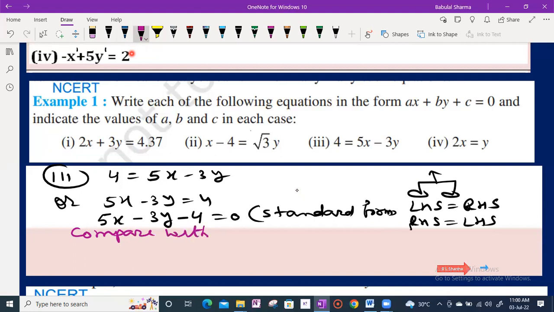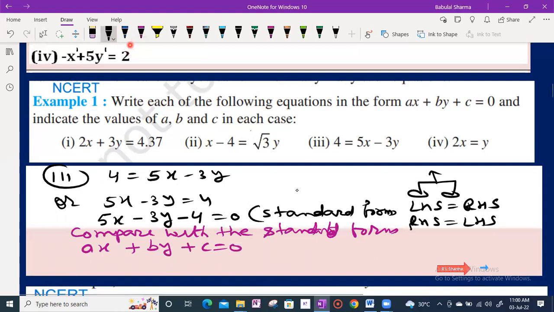Now compare with the standard form to find out the value of A, B and C. That is ax plus by plus c is equal to 0. The coefficient of x is a. Here the coefficient of x is 5, so we can write a is equal to 5.